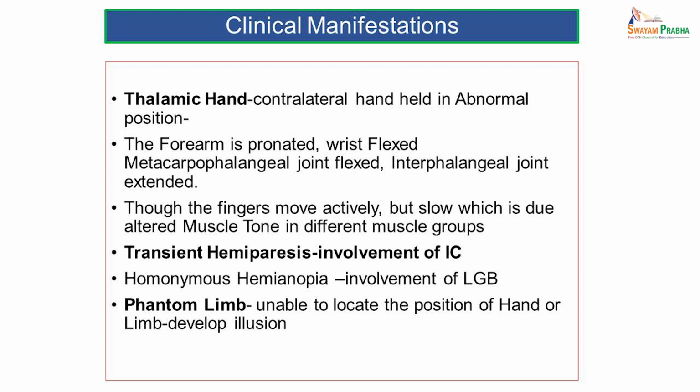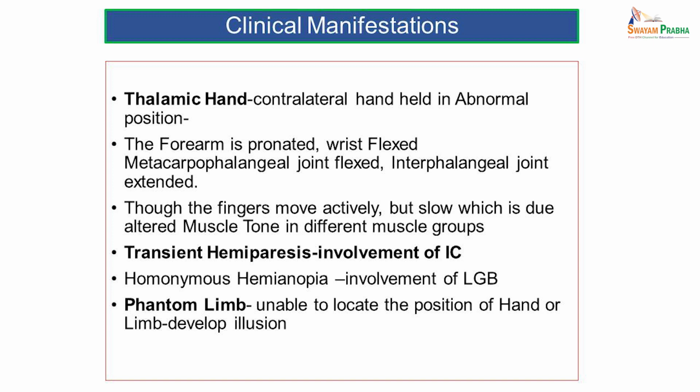Then there is a condition called the thalamic hand. The contralateral hand is held in an abnormal position. The forearm is pronated, the wrist is flexed, the metacarpophalangeal joint is flexed, and the interphalangeal joint is extended. The fingers can be moved actively but slowly, due to altered muscle tone in different groups of muscles.